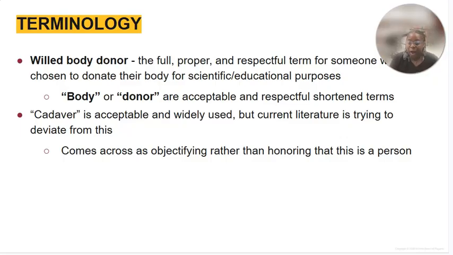The first is willed body donor. This is the full, proper, respectful term for someone, like I said, who has chosen to donate their body. Body and donor are acceptable, and your TA is sure to have their preferred language, but you can also choose your own respectful term as well.